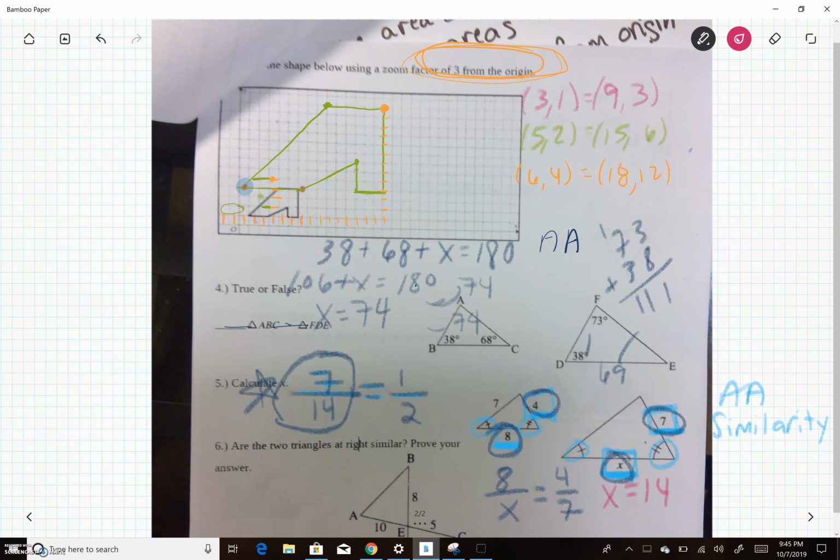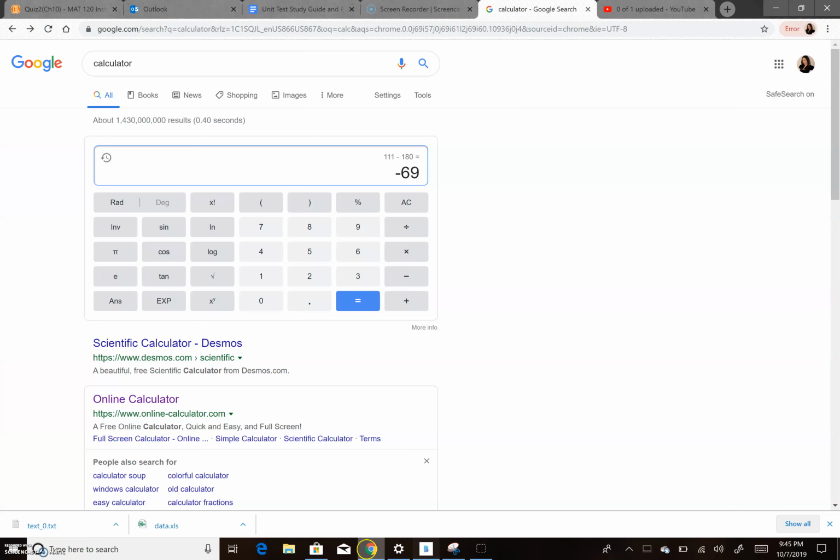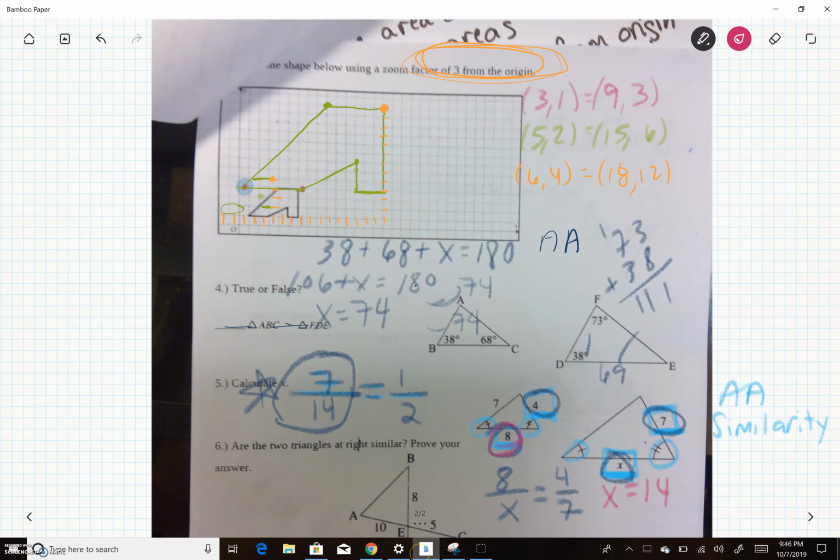So let's check ourselves. Is there a number that if I multiply it by 8, I get 14? Yes, all I have to do is take 14 and divide it by 8. So watch me with my calculator here because I haven't been doing it right. 14 divided by 8 is 1.75.